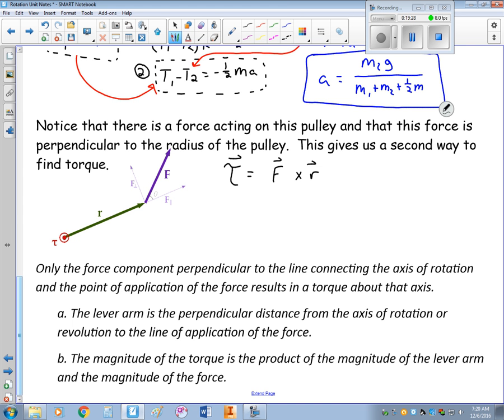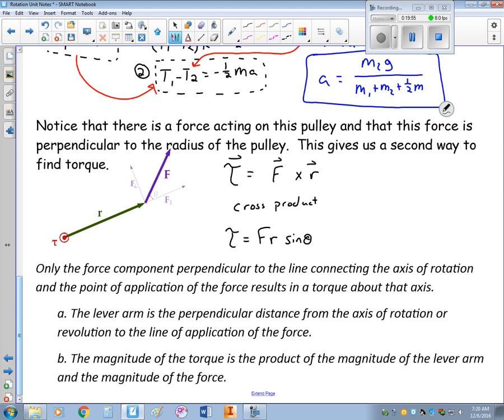This also introduces us to a new way of multiplying vectors, the cross product. So to get the magnitude of this torque, we would have the force times this lever arm distance times sine of the angle between them, because we have to make sure that the force is perpendicular to the lever arm.